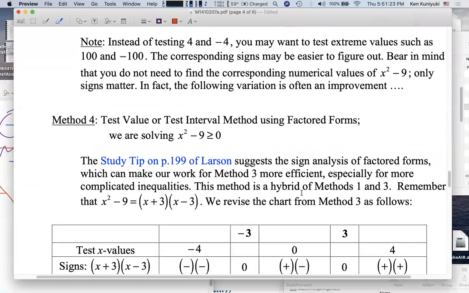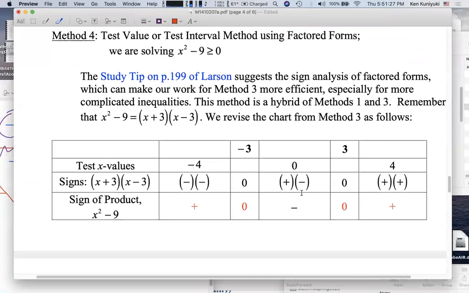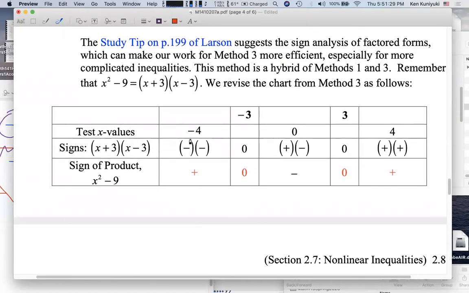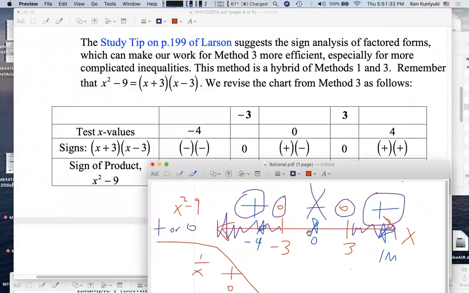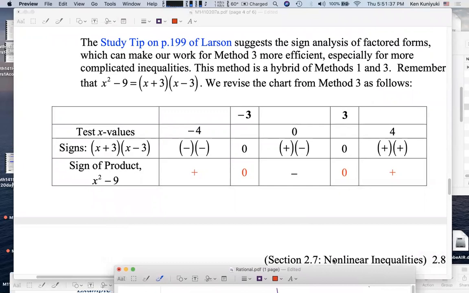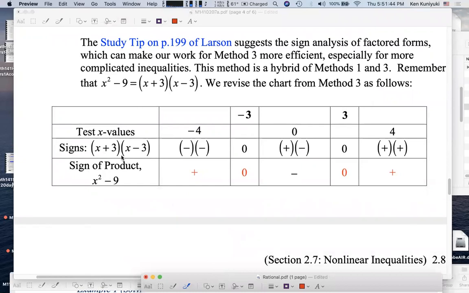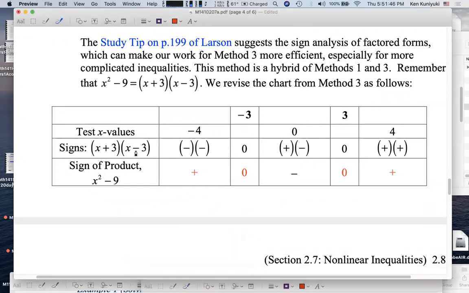Method 4 is like a mix of the sign chart method and the test window method. So here, I'm plugging in test values for x, like -4, 0, and +4, or +1,000,000 maybe. But remember, I don't care about what the actual value of x squared minus 9 is. I just care about the sign. So you might want to consider the factored form, the factor x plus 3 times the factor x minus 3.